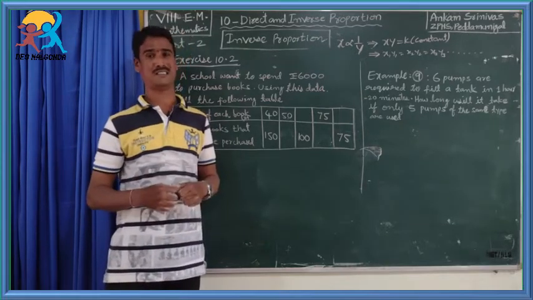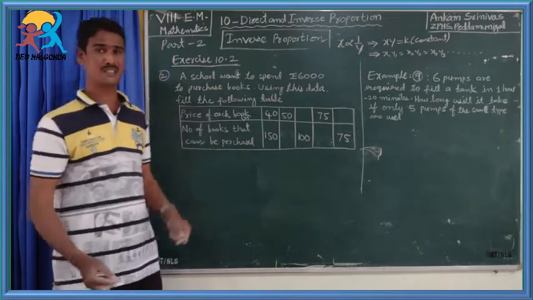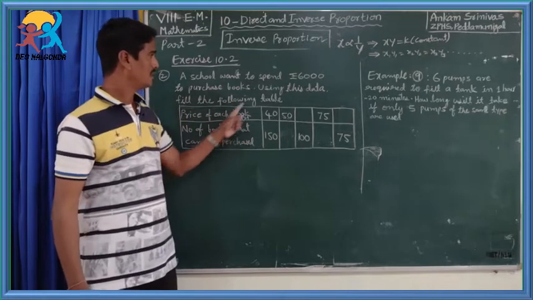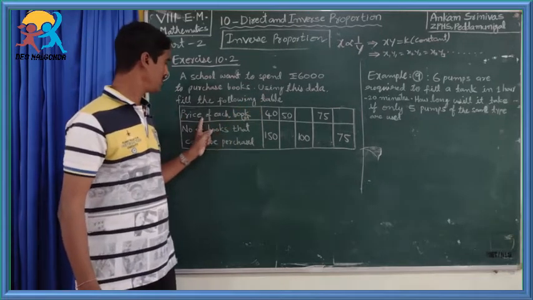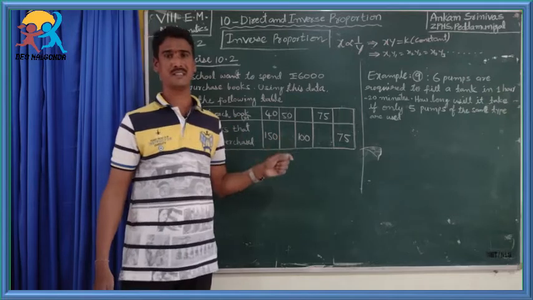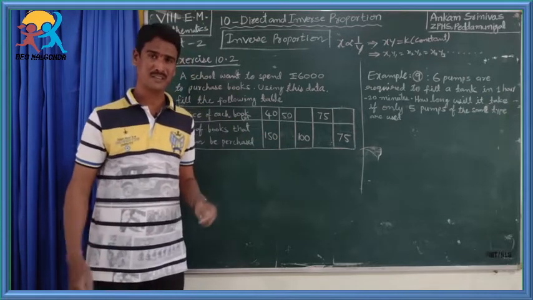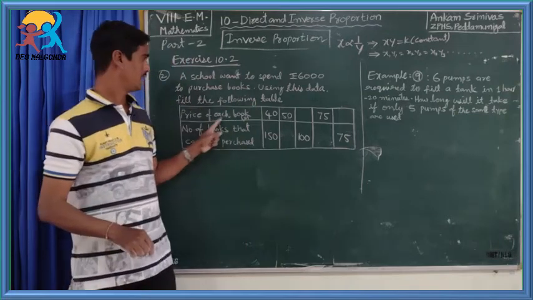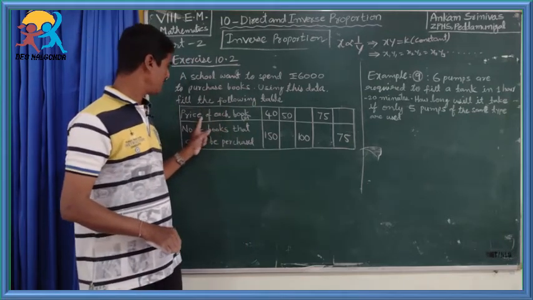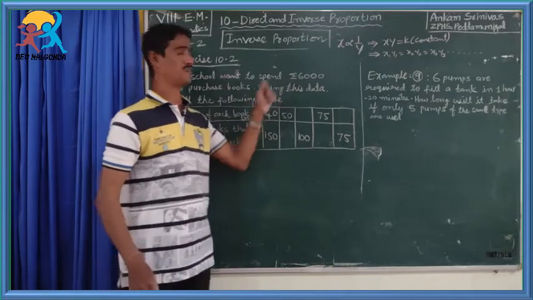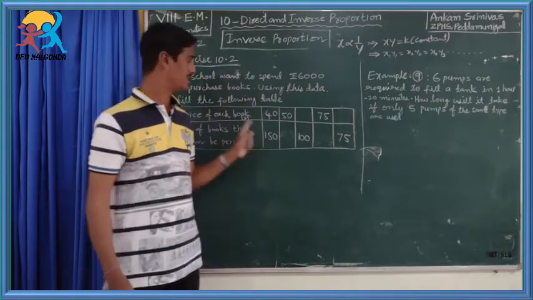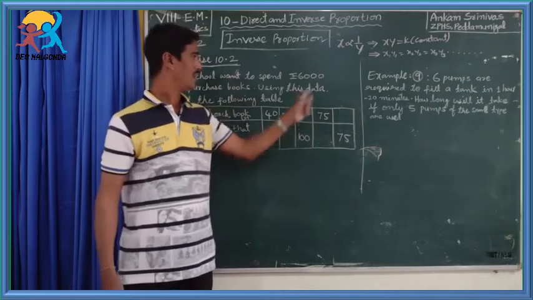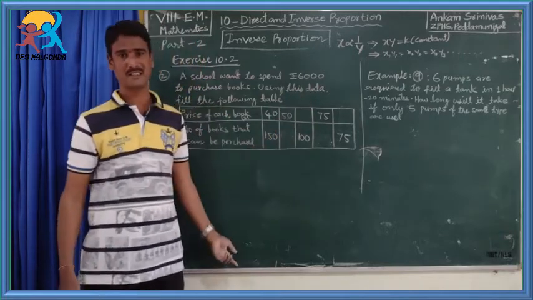Only 6 books. If the price of each book is 100 rupees, then how many books will we get? 60 books.